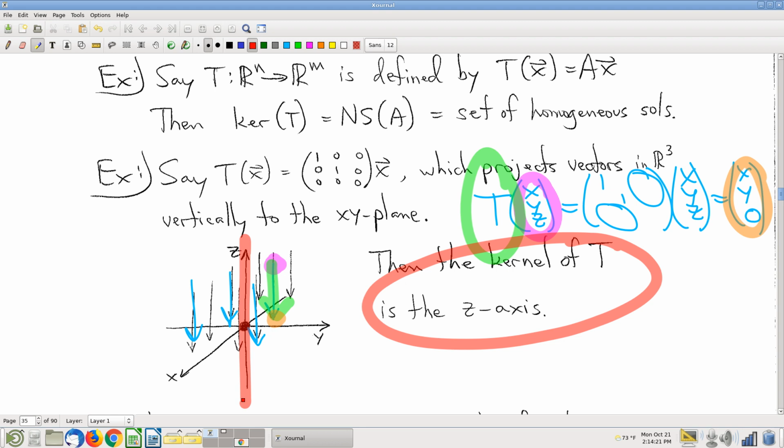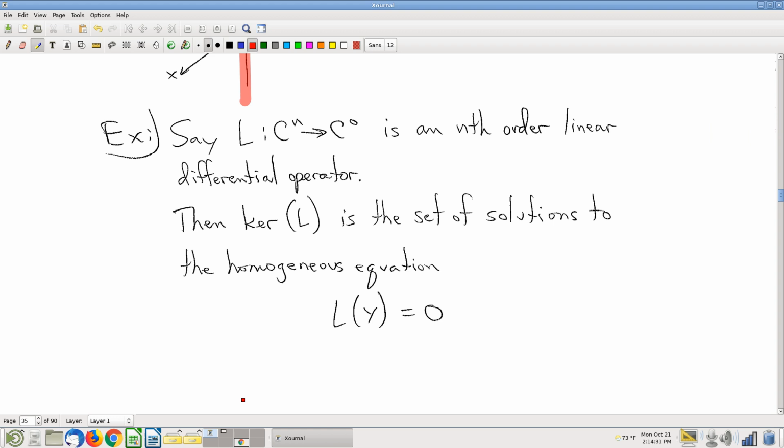The z-axis is exactly the collection of points that, when you throw away their z-coordinate, get pushed onto the origin.